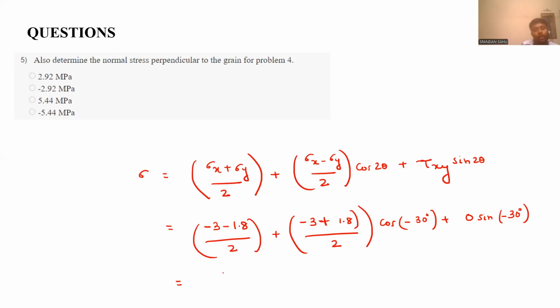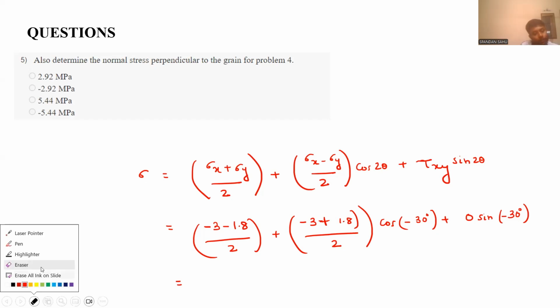Is it positive or negative? Negative. Okay, minus 2.92 then.